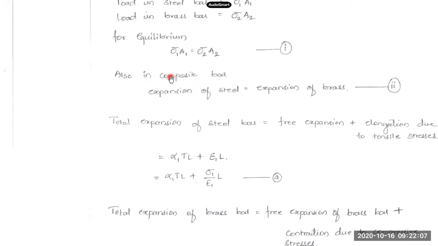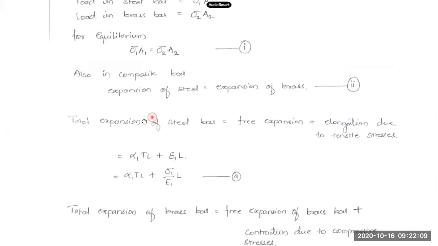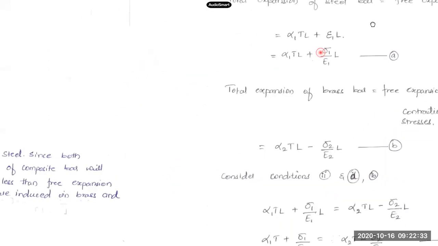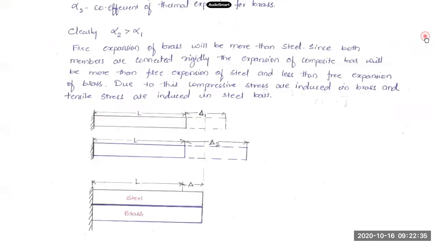Right now, coming to the expansion now. So what happens now when you connect both the bars together? When you connect both of them together, what we observed was the total deformation was delta. Okay, so what it should indicate, the total expansion of steel bar. I am talking about the composite bar, not the separate bars individually. Okay, I am talking about this expansion.